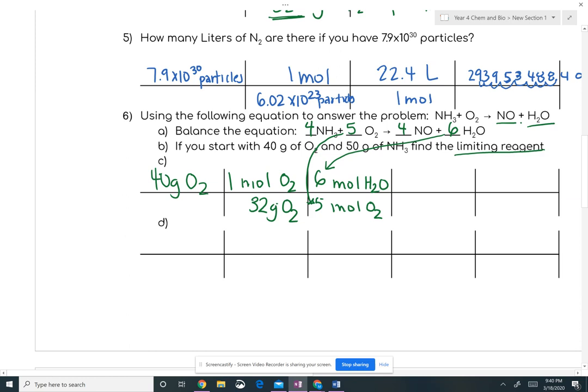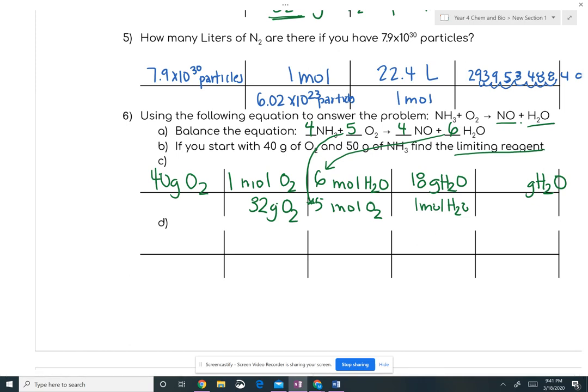Now that I have moles of O2 to H2O, I'm going to convert that to grams. So 1 mole of H2O is 18 grams of H2O. Now everything's set up, because I want my limiting reagent in grams. Then you would multiply and divide across.